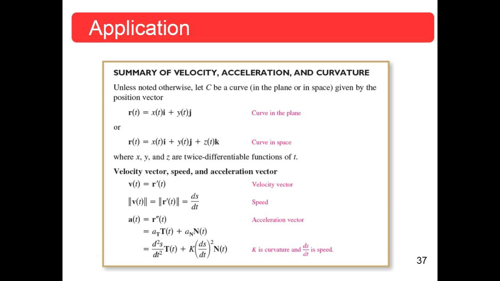Or in space, r of t would be x of t i, y of t j, and z of t k. Again, r of t is a vector function, the bolded vector. These are scalar functions here, but they're functions in the direction of those coordinates. Okay, x, y, and z are twice differentiable functions of t. That's going to be assumed throughout here. Now, again, velocity vector is simply the first derivative of your displacement vector, as always.